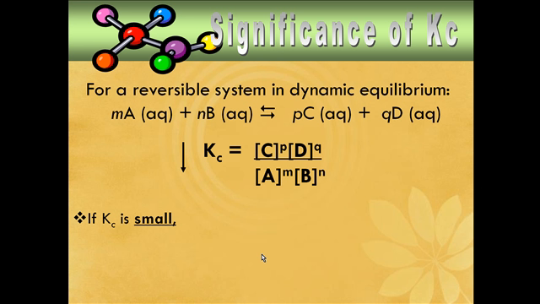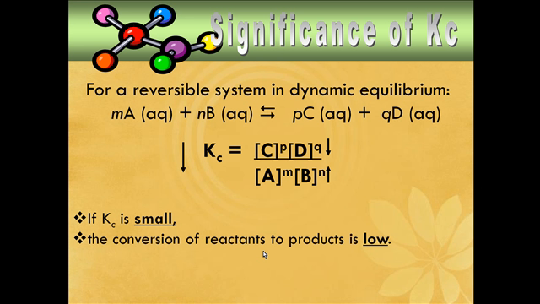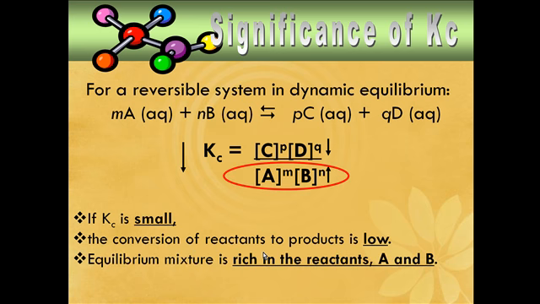You can get a small Kc if the denominator is very big and the numerator is pretty small. This means that the conversion of the reactants to products is low. In other words, the equilibrium mixture is rich in the reactants A and B.